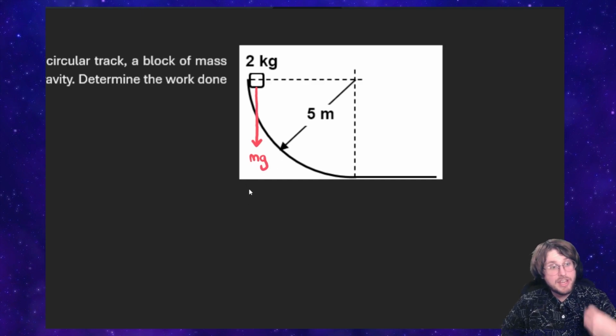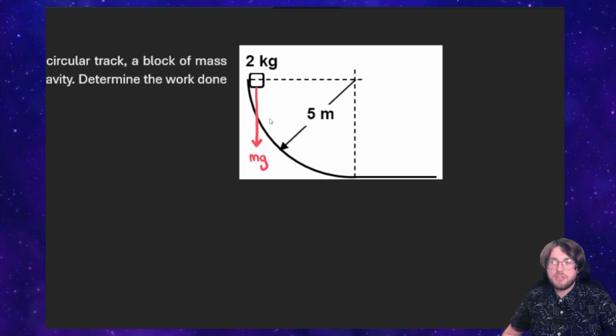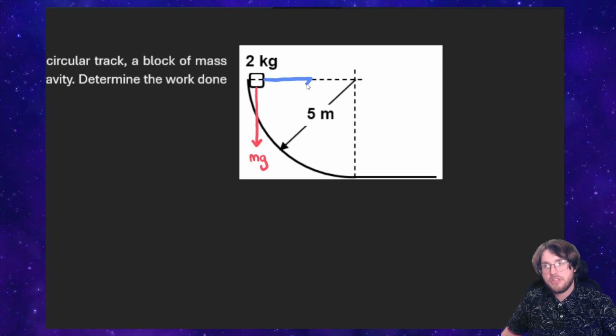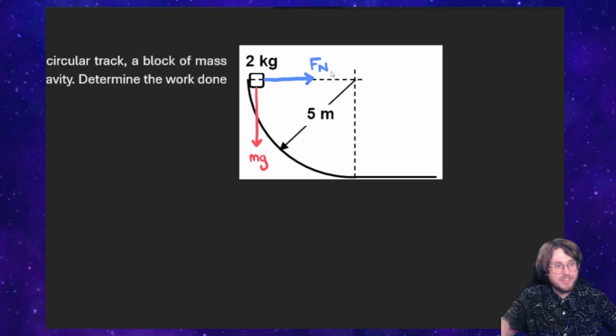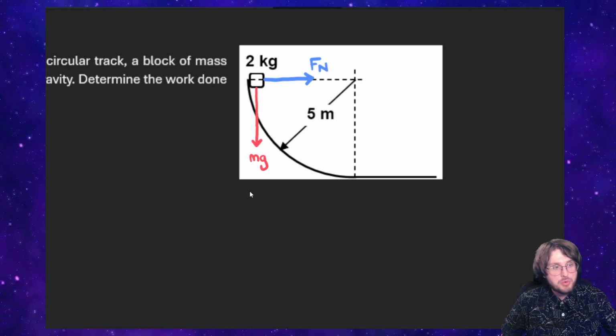And I guess technically at some points in this problem, especially as the block starts moving with respect to the track in circular motion, you could say it also has a normal force that's pointing centripetally towards the center of this circle, at least quarter circle that's been created here. Now note what the actual displacement of this block is from the top of the path to the bottom.